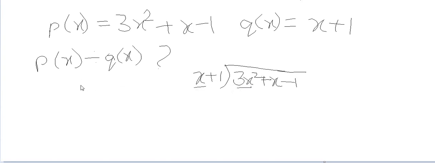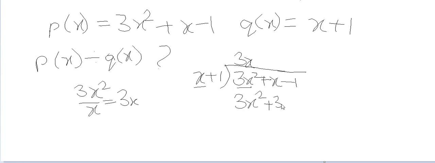Let me write it separately. 3x squared divided by x. What do I get? I get 3x. So I'll write 3x here on top. And then I multiply 3x with this binomial. I get 3x squared plus 3x.